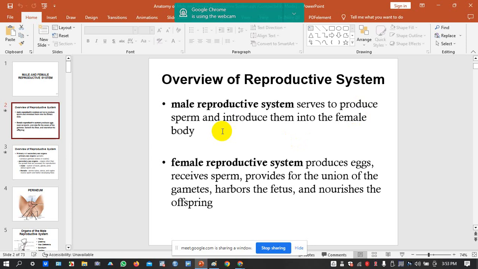It also receives sperms, provides for the union of the gametes, that's the fusion between the egg and the sperm, forming the zygote. The female reproductive system also harbors the fetus and nourishes the offspring.